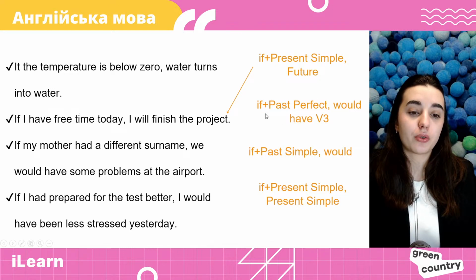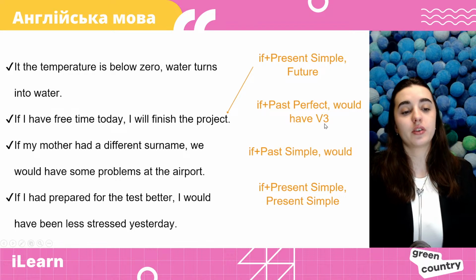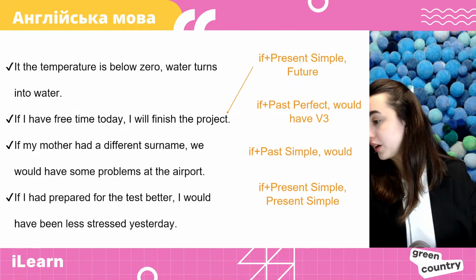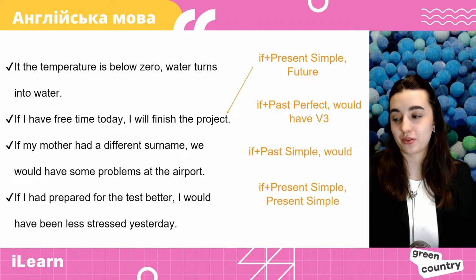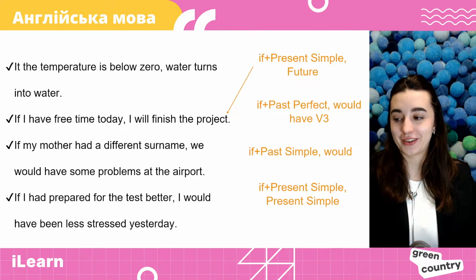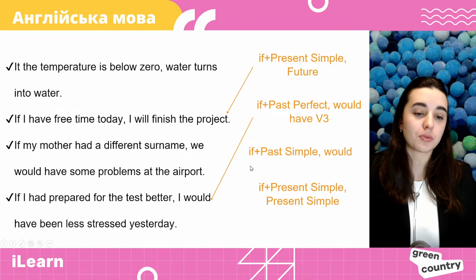Then let's talk about number 2. If past perfect would have and third form of the verb. What conditional is it? Okay, I can see answers. That's nice. So be active, because we remember that if I were you, I would be active today. All right, yep. That it's third conditional, and here we have the example that we used.